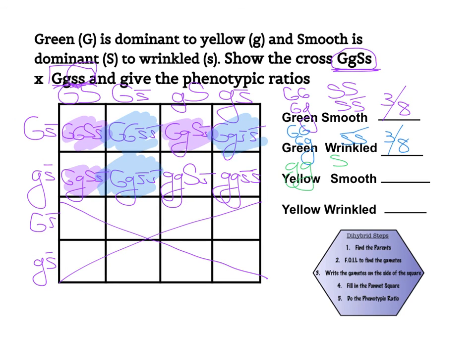Okay, I need at least one big S here. How many of those do I have? 1. So 1/8. All right. And then last but not least, to be yellow and wrinkled, I'd be little g, little s, and I have 1 of those. So my ratio's 3, 3, 1, 1.